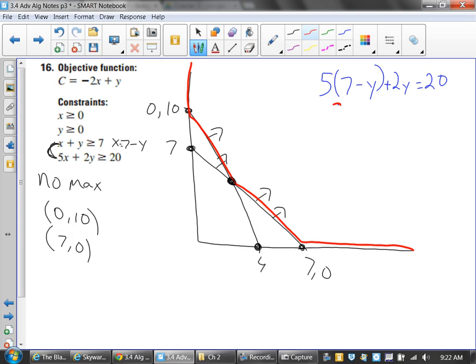So you get 35 minus 5y plus 2y is 20. Moving things around, I get negative 3y is negative 15. y is 5. So y is 5. And when I substitute in for x, I get 2.